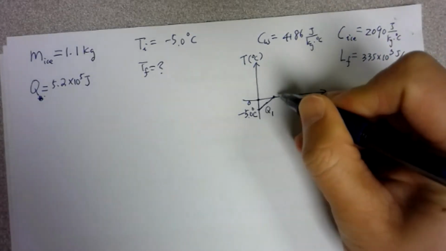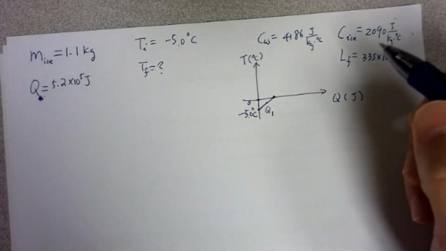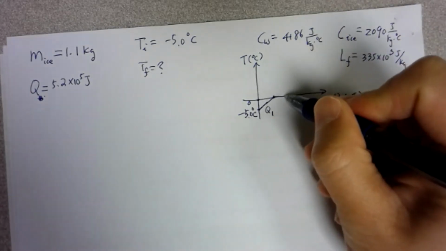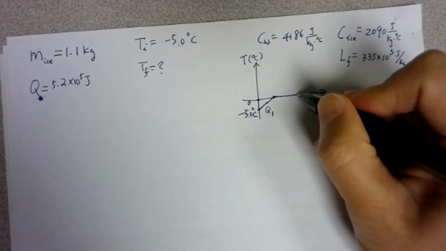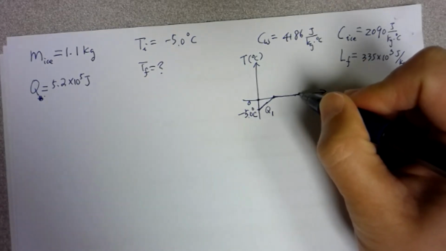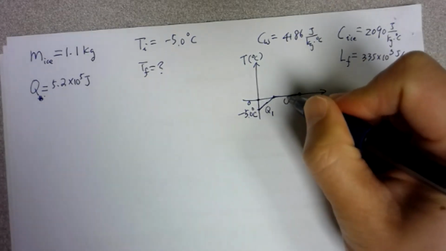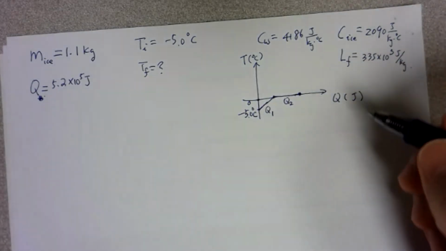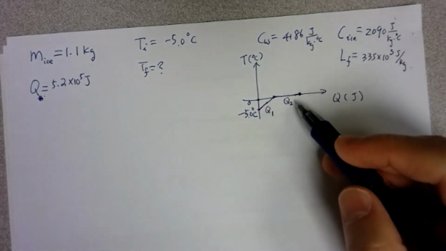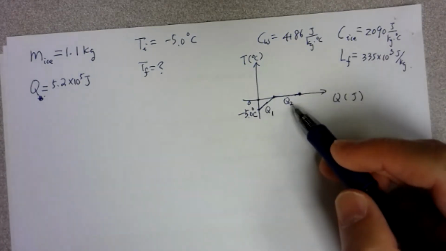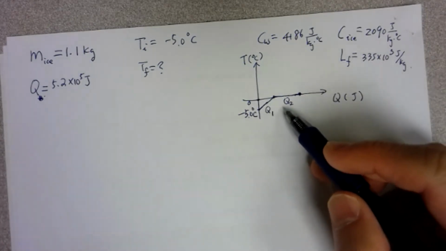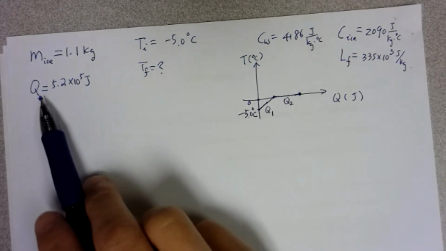So it will start to melt. It might be fully melted or might not, and we are not sure about it. So let's just assume you actually fully melted. The amount of heat required will be Q2. So we can calculate Q1 and Q2, add these two up, and then compare to the total Q added.